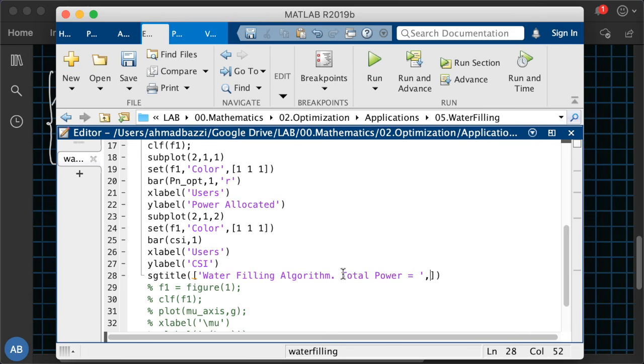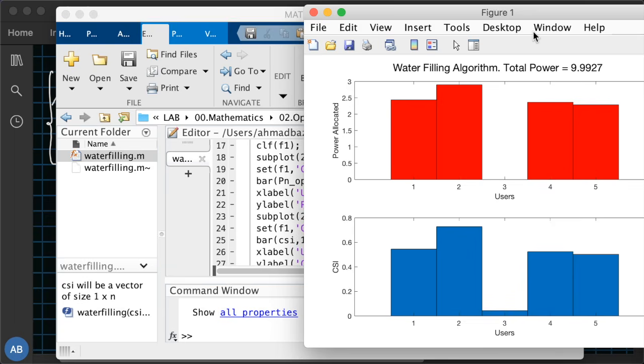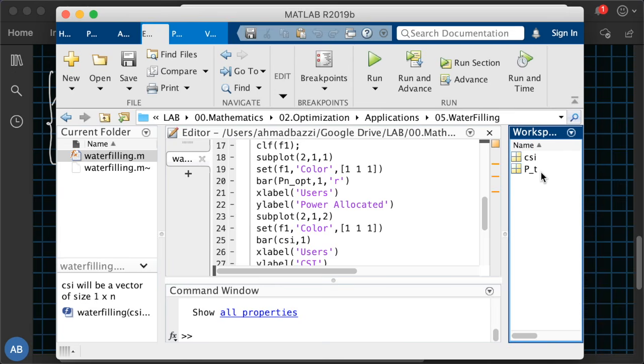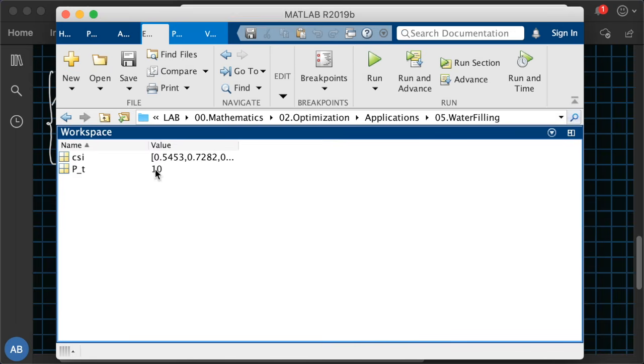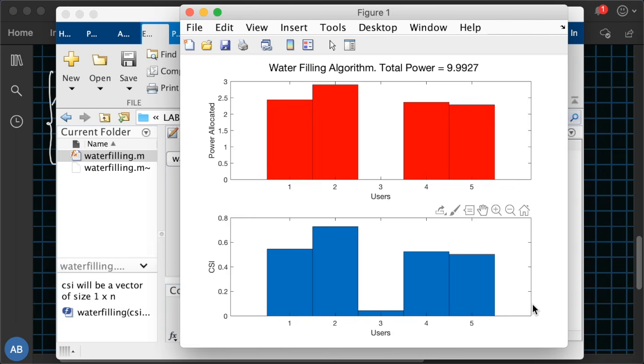Total power is the sum of my optimal powers, right? So it might not be exactly, in our case, PT. It is 9.99. Notice that the total power that is inputted to the water filling, the total budget that we have is 10, right? However, we use 9.99. Well, not bad.